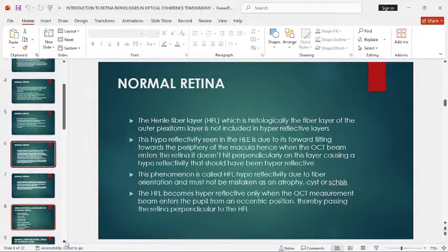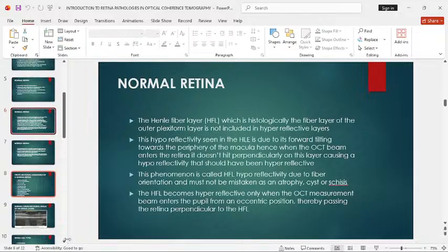Again, the Henle fiber layer, which is the histological fiber layer of the outer plexiform layer, is not included in the hyperreflective layers, and there's a reason for this. The low reflectivity we see in the Henle fiber layer is due to a forward tilting of this layer towards the macula.